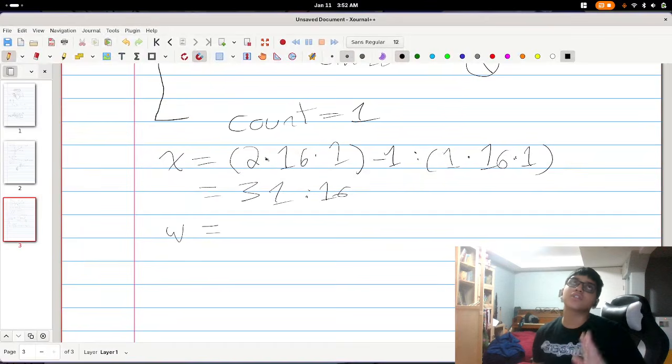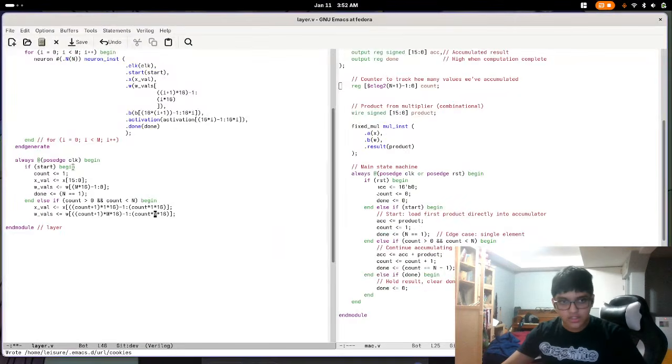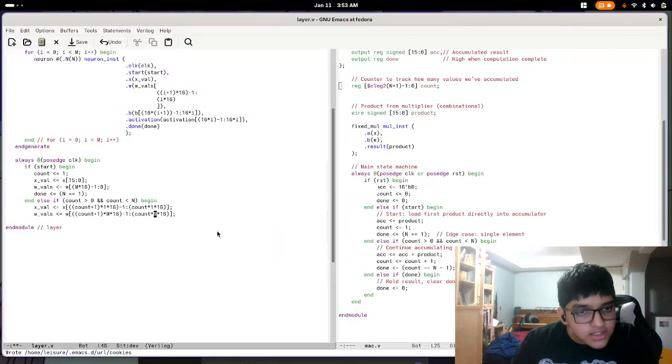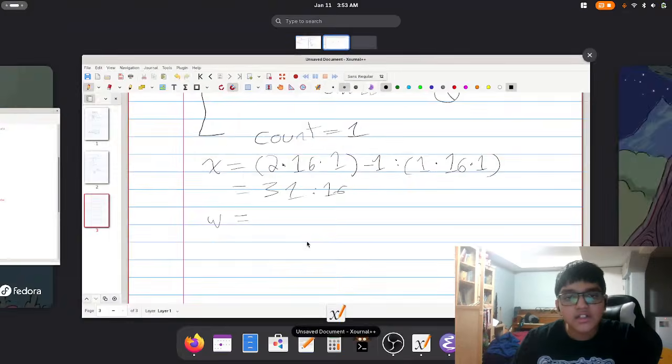Yeah, because once count is equal to 1, if n is equal to 2, then this is no longer true and we would move on to the next condition. So that is a scary bunch of parentheses.